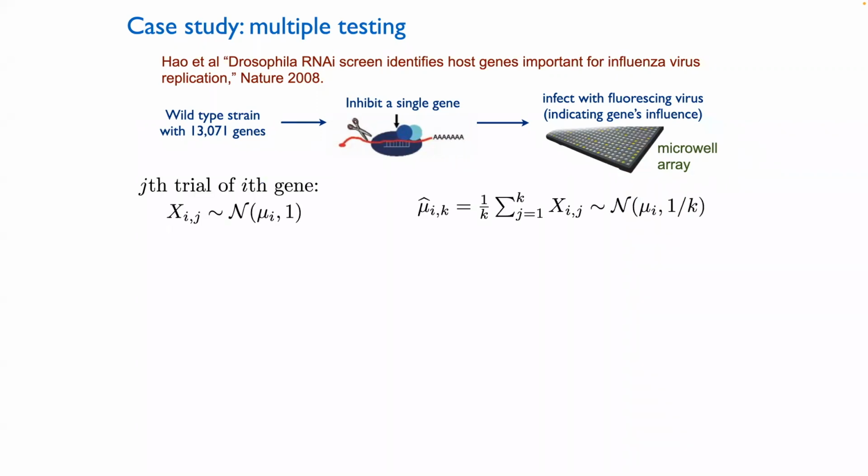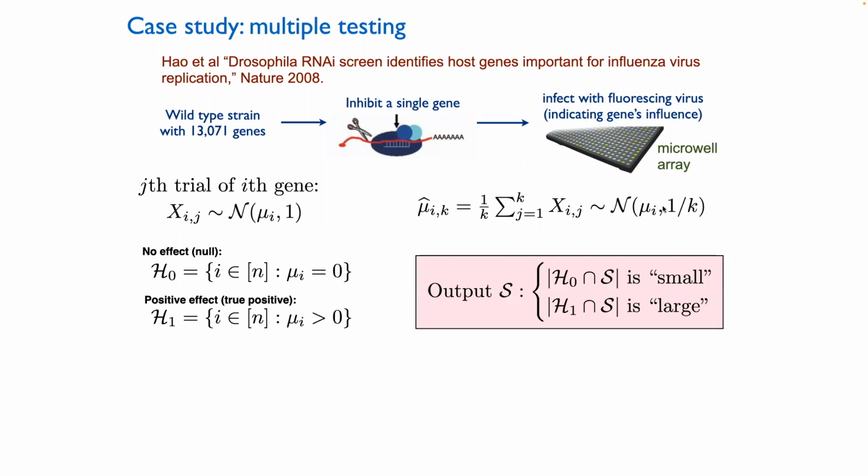Basic science. Now, what you would measure is, if you look at the ith arm or ith gene, you'd observe some Gaussian random variable with some μi, where a larger value of μi means it's more significant. And if you measure this multiple times, then of course you get the same mean, but you have this variance decrease like 1 over k.